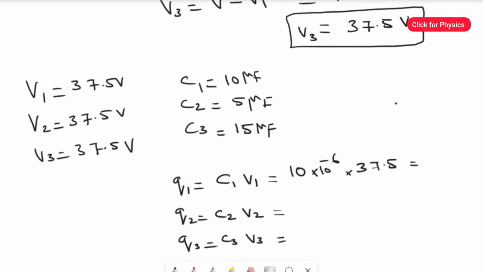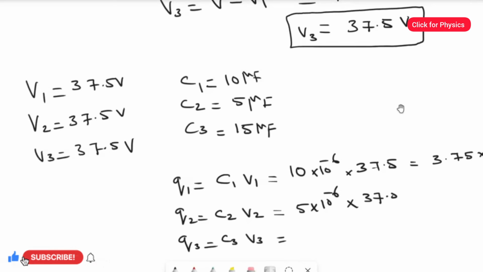Here I got the answer as 3.75 multiplied by 10 power minus 4 coulomb. And here C2, 5 multiplied by 10 power minus 6, multiplied by 37.5.